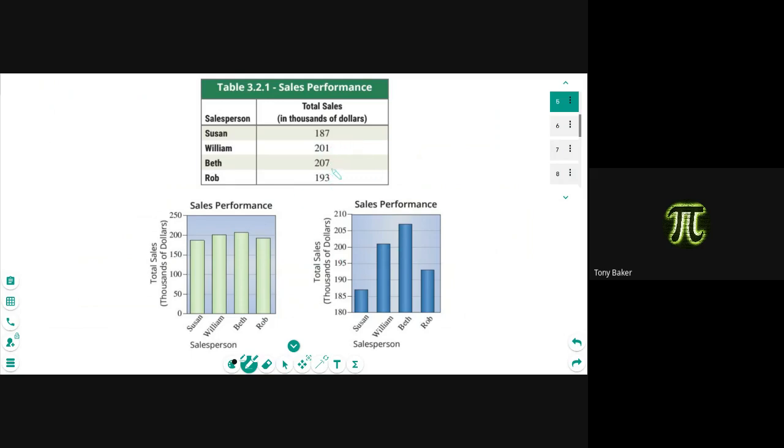She's 20,000 off from Beth. But if I want to get rid of her, I'm sharing this one with management. And they're going to look at it and go, wow, Susan's way lower than everybody else. So this is a hypothetical situation, but you can start to see how you can use those graphs to manipulate opinion.